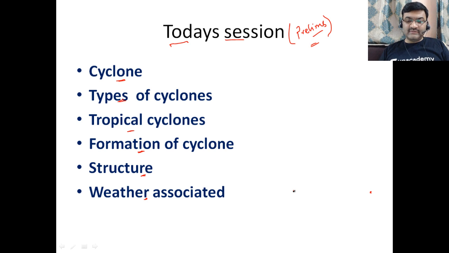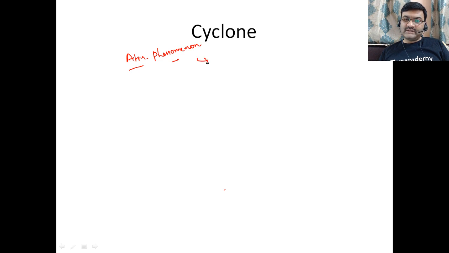Now, to begin with, what do you mean by a cyclone or a cyclonic condition? Cyclone, from the atmospheric perspective, we can define it as an atmospheric phenomenon which consists of low pressure and rotation of winds around the low pressure, and it is a closed system.